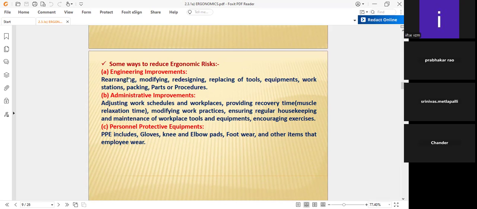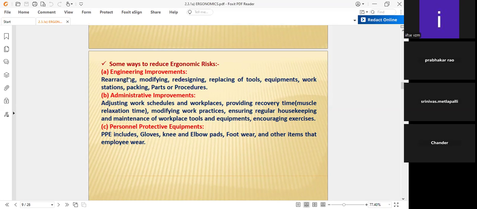The engineering aspect means we have to avoid the mechanical or manual handling and all. We have to create the machinery. That's what the engineering controls are. Or we are creating some trolleys. Instead of carrying with the body, we are creating some wheeled trolleys, or wheelchairs.